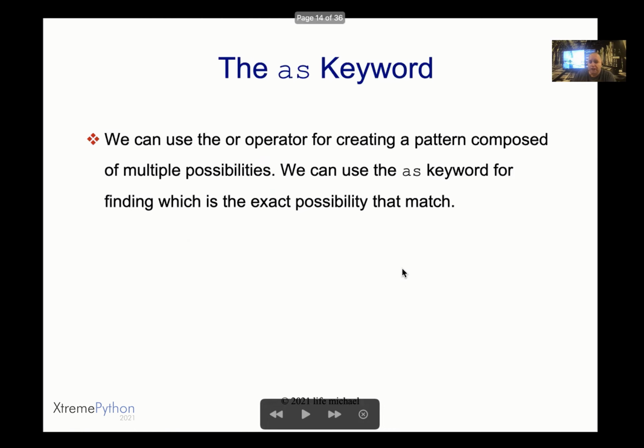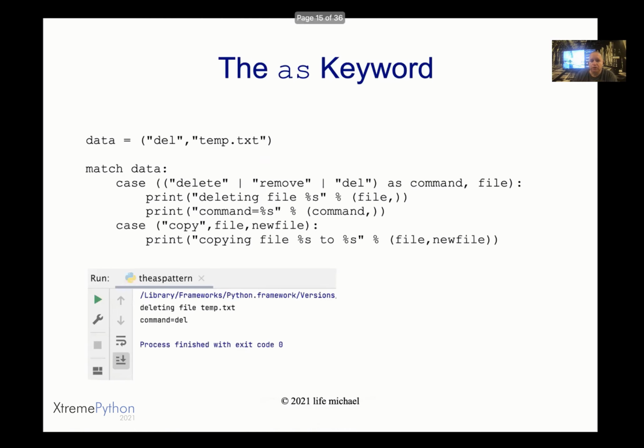Let's move forward. Using the as keyword, we can actually create a variable that will be used in our code. Here, for instance, this specific case refers to this pattern, and as you can see, using the OR operator, we have a pattern that when we compare it to a specific string, it is enough that the string will be one of those that is mentioned over here.